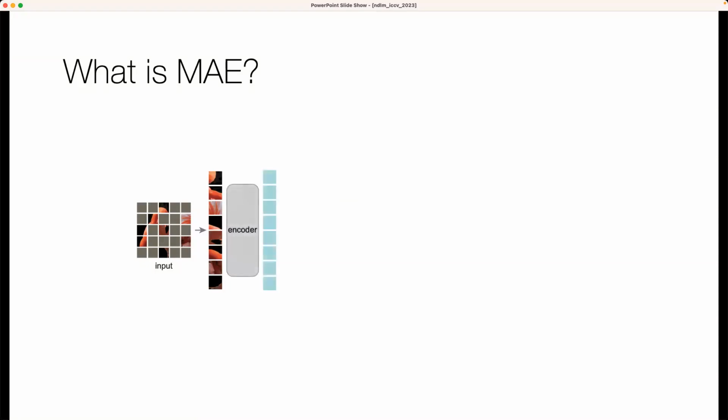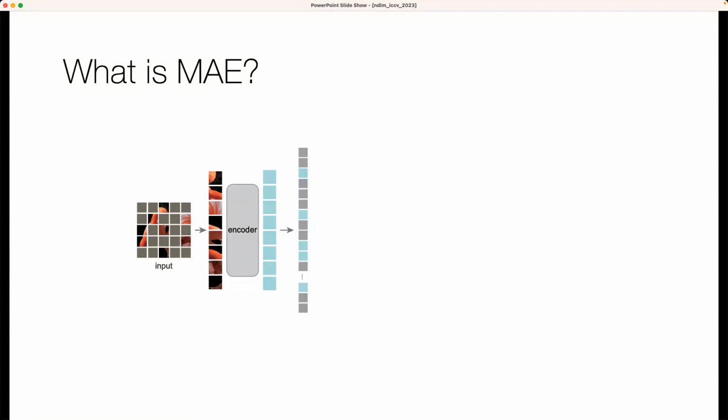So what is MAE? It's actually a very simple idea. Given an image, you mask a proportion of it, and for the remaining patches, you feed them into an encoder and get the latent representations. And then you pad these latent representations with position encodings of the masked patches.